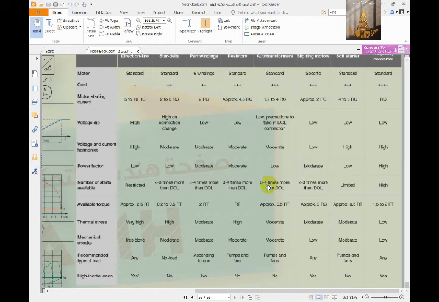For auto transformer, it's 3 or 4 times more than DOL, according to the stages of the transformer. Each transformer has stages, maybe 3 stages, so it's 3 times more than DOL, or 4 stages, 4 times more than DOL. Slip ring motors are 2 or 3 times more than DOL, according to the slip ring connection, as a special case. Maybe we'll talk about this motor another time.